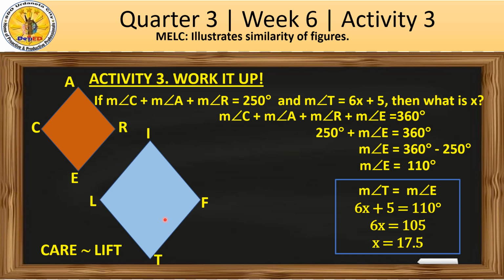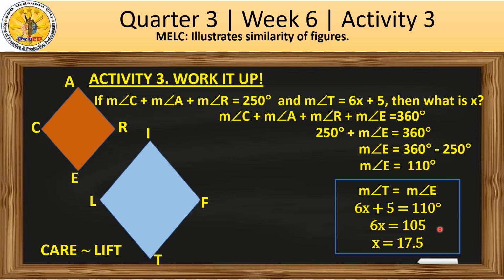So what I will have now is the measure of angle T is equal to the measure of angle E, and in the given, the measure of angle T is 6x plus 5, and 110 degrees is the measure of angle E, which we have obtained in the first part of our solution.